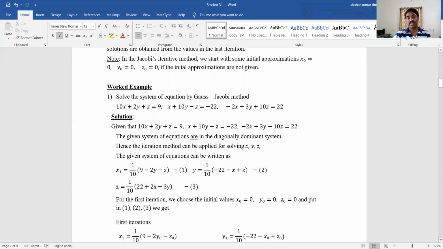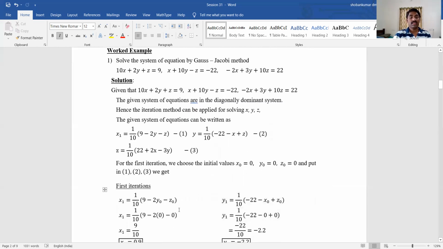Now choose the initial values x0, y0, z0 as 0. Therefore, these equations can be written as x1 = 1/10 (9 - 2y0 - z0). Here, instead of y and z, we put y0, z0. And y1 = 1/10 (-22 - x0 + z0), and z1 = 1/10 (22 + 2x0 - 3y0).